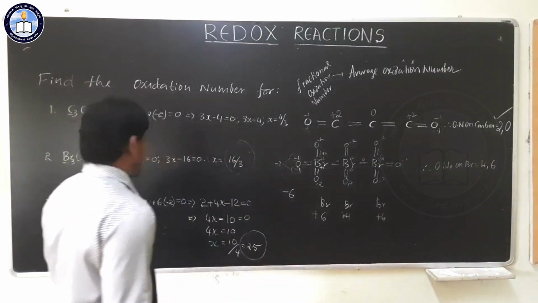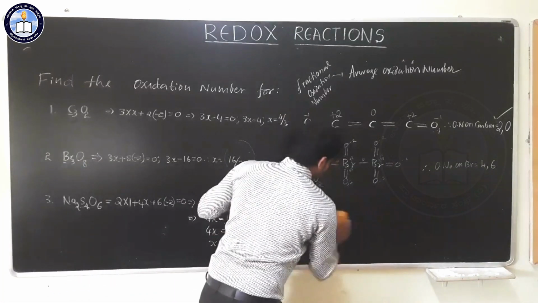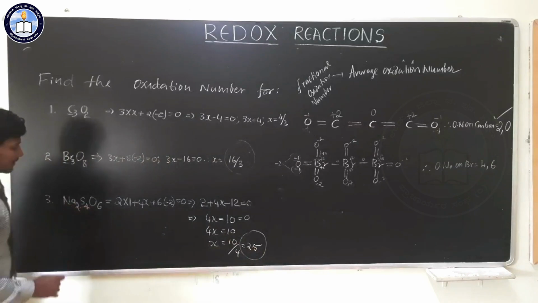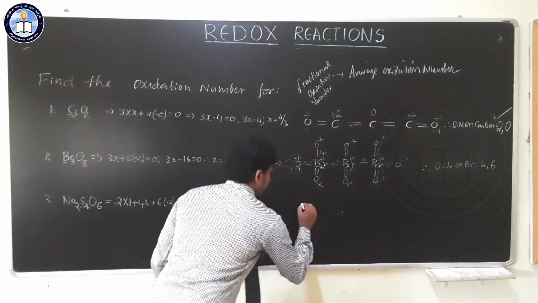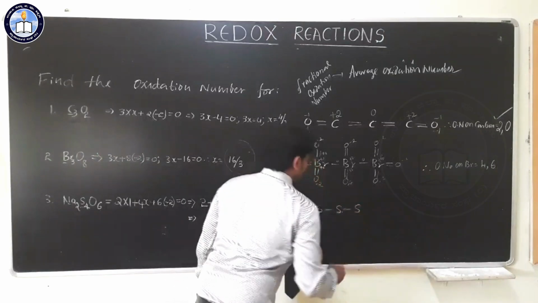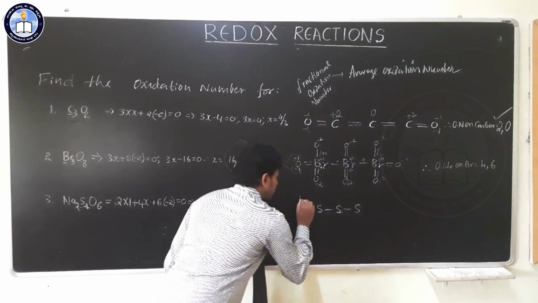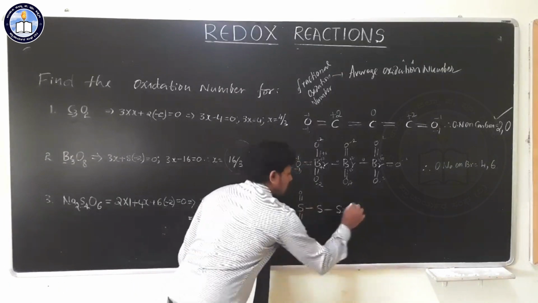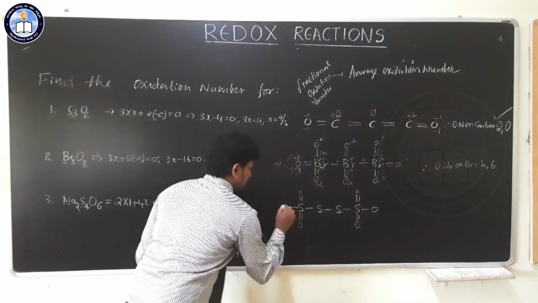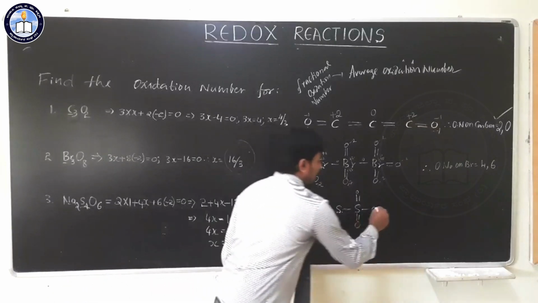What about this case? Let me erase this one now. For Na2S4O6, let me draw sulfur 1, 2, 3 and 4. O6 means 1, 2, 3, 4, 5, 6. 2 Na are there, Na and here Na.